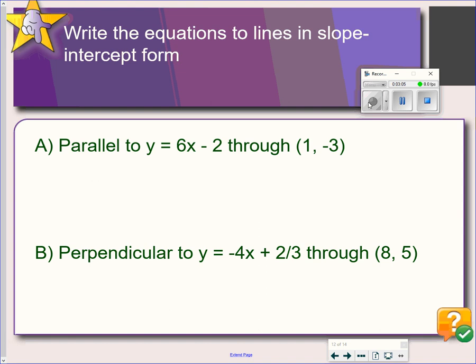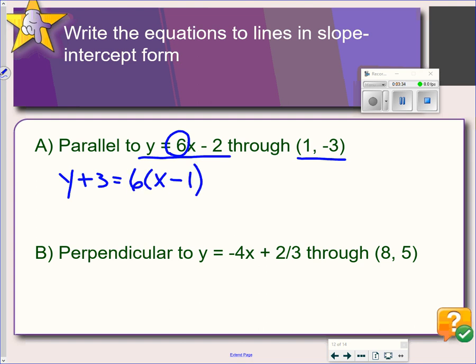So if we want to write the equation to a line that's parallel to y equals 6x minus 2, we just pick out the slope, which is 6, and using 6 as our slope, our new point is 1, -3, so we can write a point-slope equation, y minus y1, so y plus 3, equals slope times x minus x1.